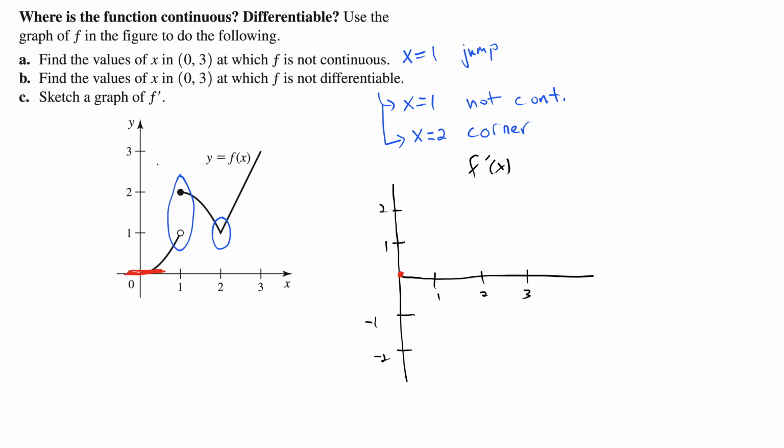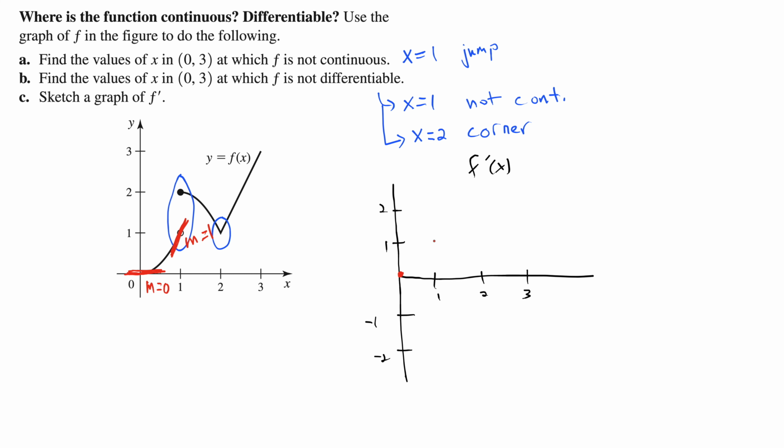So f prime of x is 0 at the origin. But then note in our original function here, by the time we get to 1, our slope is about 1. So here's m equals 1, before it was m equals 0.